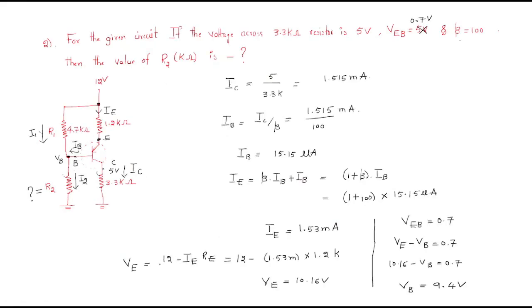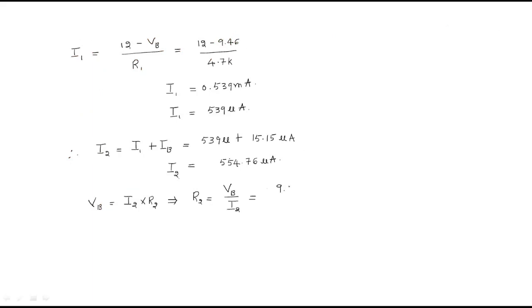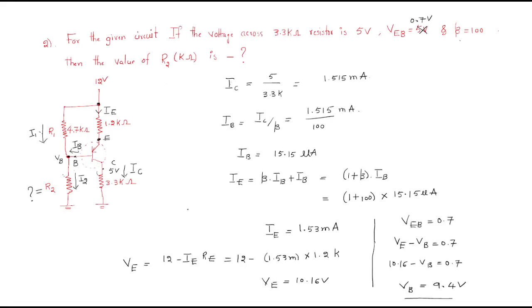You know the VB value, 9.4, by the I2 value, 554.76 micro. So we get the R2 value as 17.06 kilo ohms. Okay, so this is the procedure to find out this type of problems.